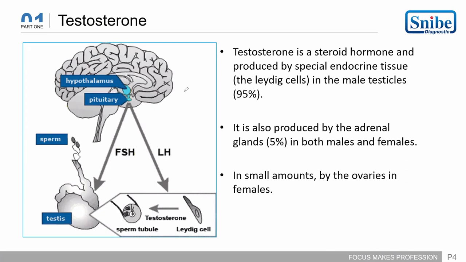As you know, the first fertility marker is testosterone. Testosterone is a steroid hormone, which is especially produced by the endocrine tissue, the Leydig cells in the male testicles, which produce almost 95% of total testosterone.